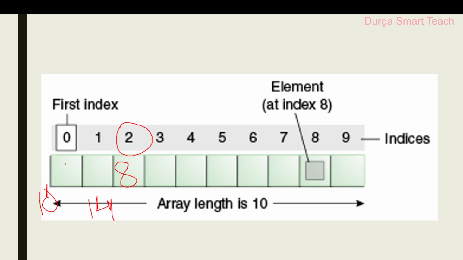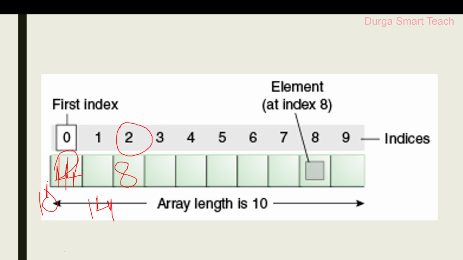Because here we represented the elements with the integer data type. An integer occupies 4 bytes of memory. So these are the 4 bytes. In 4 bytes of memory, the first value is stored. For example, the first value is 2, and 2 will be stored like this.